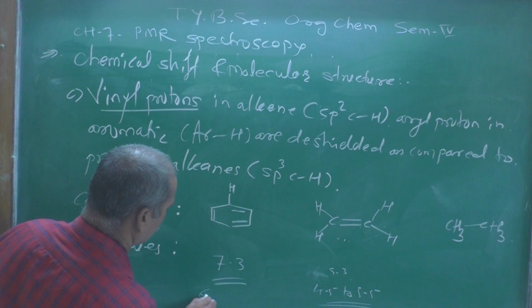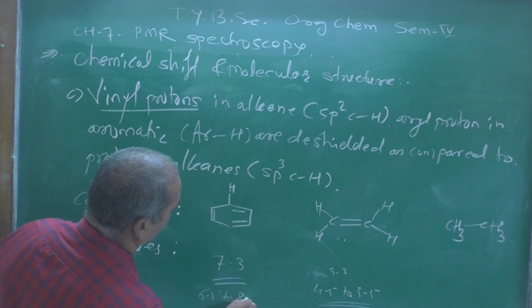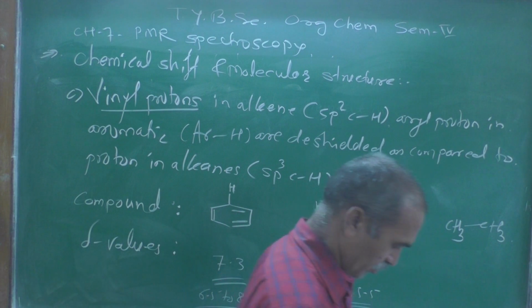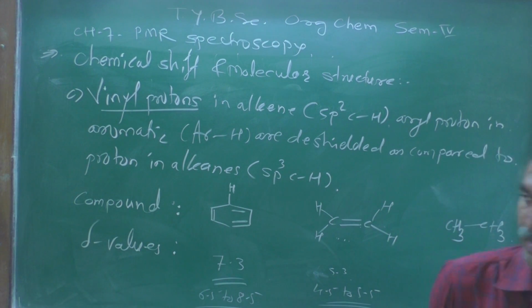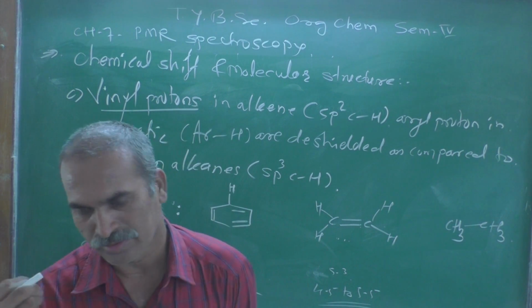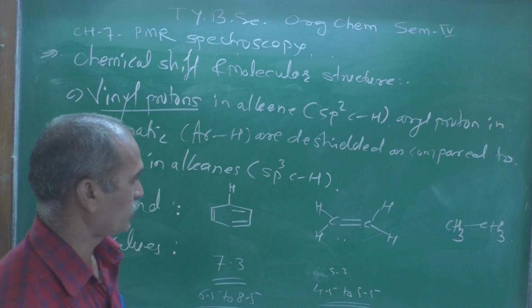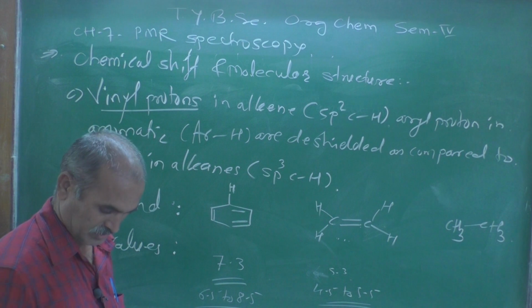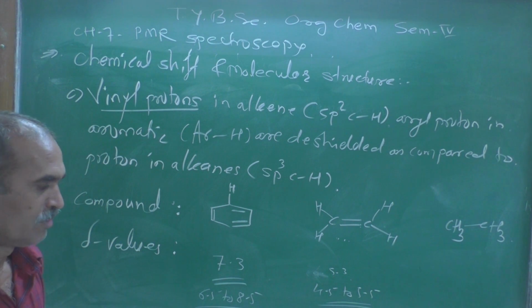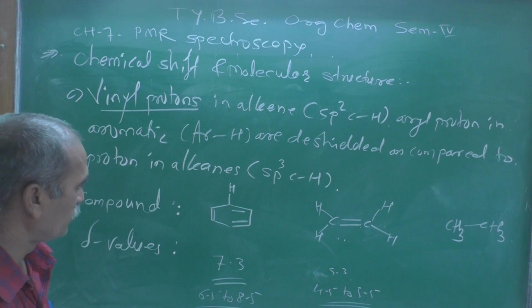Aromatic is also 6.5 to 8.5, which is the range observed for aromatics depending upon a number of different factors which can either increase or decrease the normal chemical shift value.